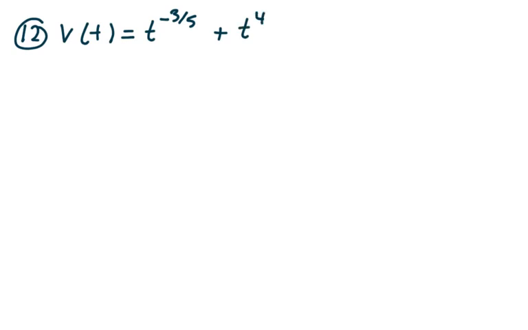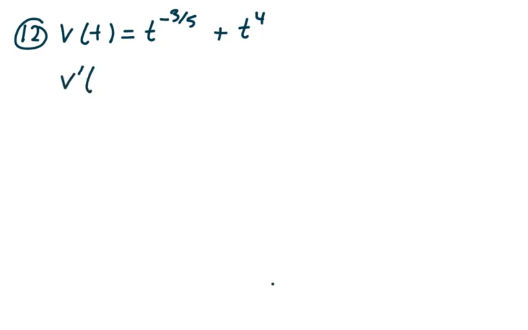Let's take a look at some more examples. Suppose I had number 12. V of t is equal to t to the negative 3/5 plus t to the 4th. Again, don't get thrown off by t versus x. It's just in context, we're taking the derivative of this function with respect to t and not x.